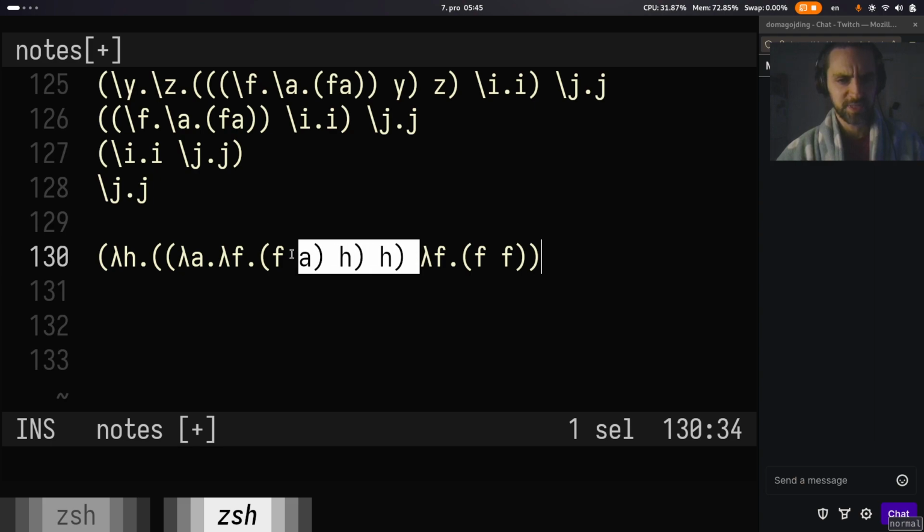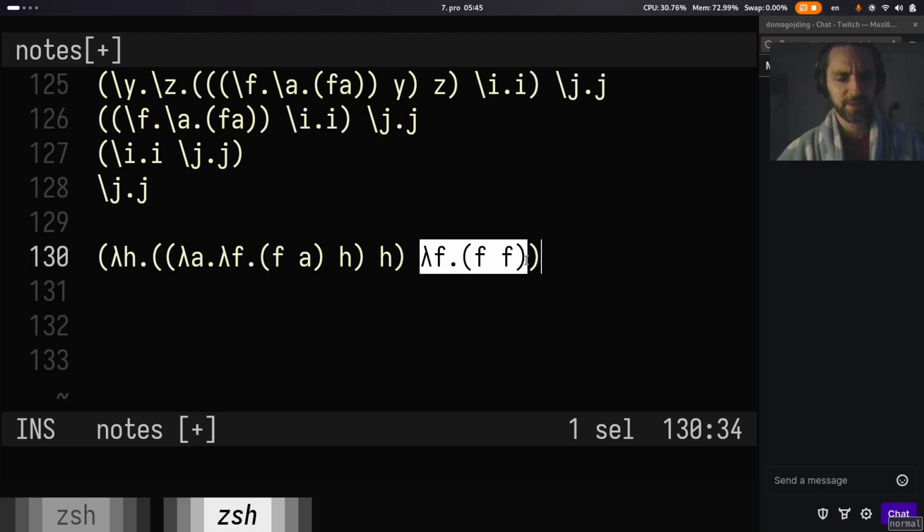Okay, so this thing now, is it being applied to this thing? Oh, look at our old friend, the self-apply function. So the self-apply function is going to substitute the h. Oh, interesting. What's going to happen?